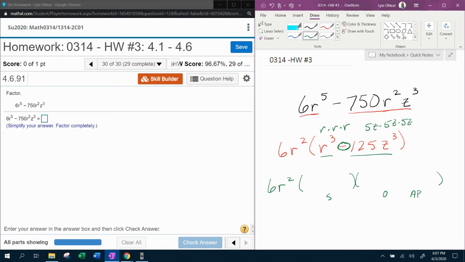Soap is only for cubes and dirty people. All right, so here we go. The first sign is going to be same as the problem. The next sign is going to be opposite of that, which is plus. And the last sign is always positive. Always positive. Soap for the signs.